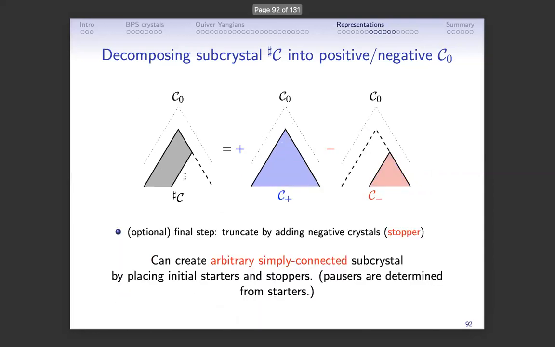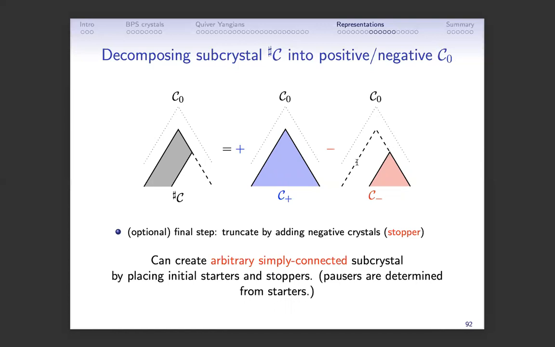until you reproduce the entire subcrystal. After this is done, you can do something more, but this is optional: you can truncate whatever you have now by adding some negative crystal. For example, this shape you can think of as having one positive crystal here and then a negative crystal here.